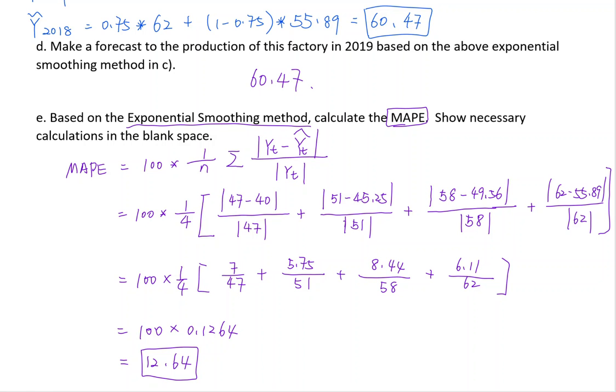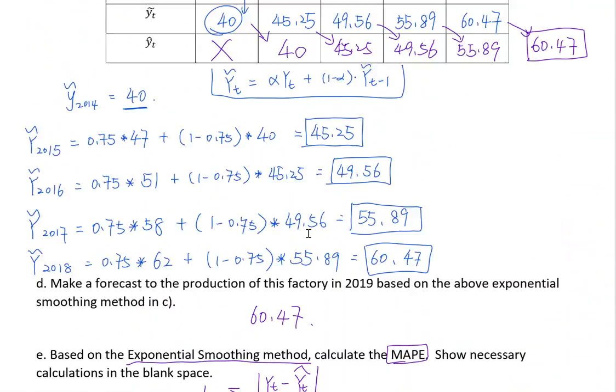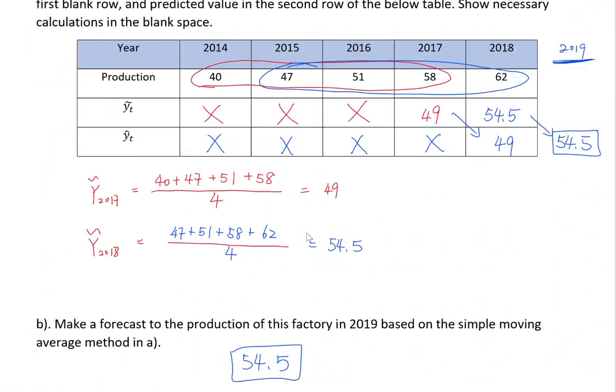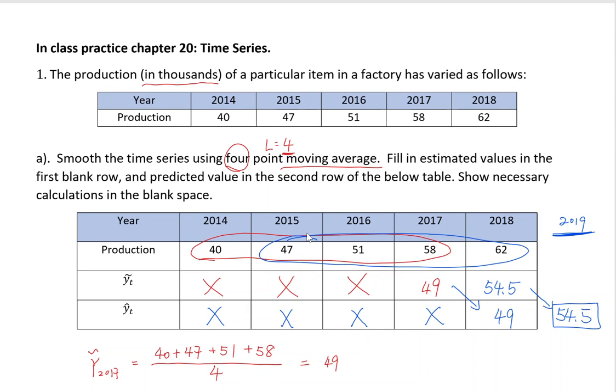All right, so this assignment is a review of the two smoothing methods: the moving average method and the exponential method.